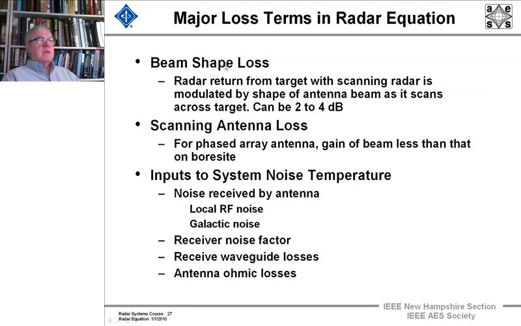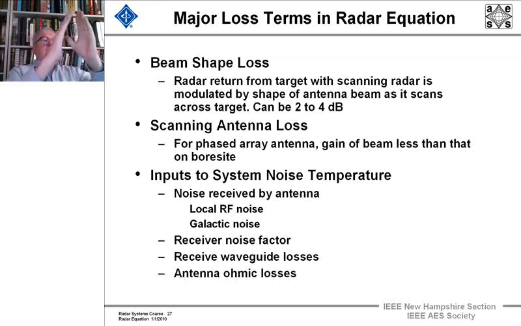We have the beam shape loss. The radar return from the target with a scanning radar is modulated by the shape of the antenna beam as it scans across the target. That is to say, if the antenna is rotating, and let's take an exaggerated example, it transmits every 2 pi rotation, and every 2 pi it does that in about 5 seconds.